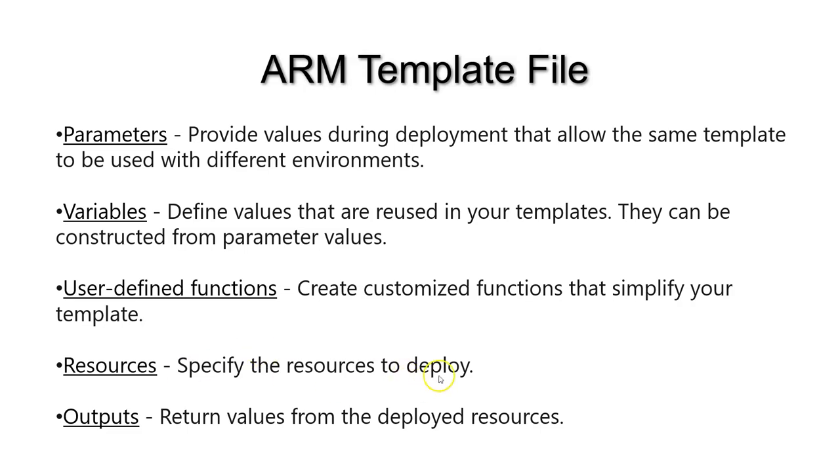Specify the resources to deploy, and the properties which apply to the appropriate resource are also taken care of under the resources. Outputs: in case it is returning values from the deployed resources, those can be printed as part of the outputs. These are the 5 main components, or the only components, under the ARM template file.